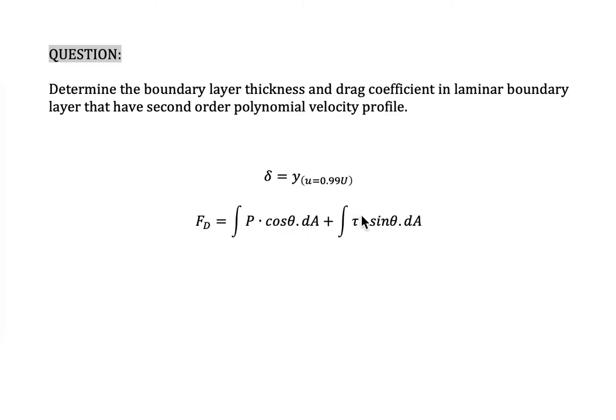But the shear stress that occurs on that surface cannot be measured directly. So we need a numerical calculation to find the value of tau. Then, having that answer, we can solve this equation and finally get the total drag force in our system.